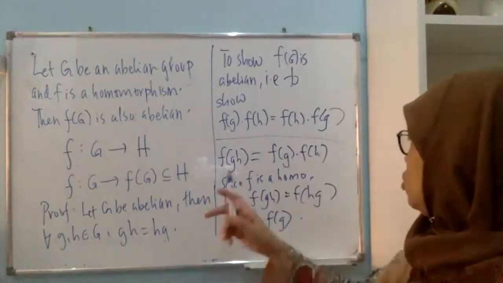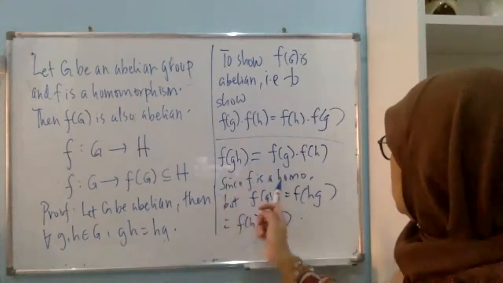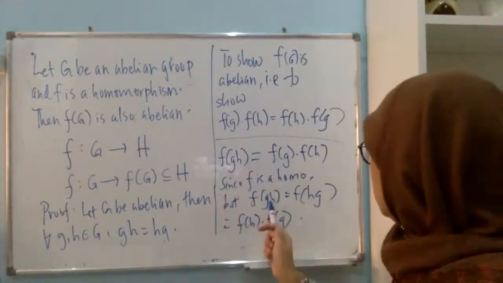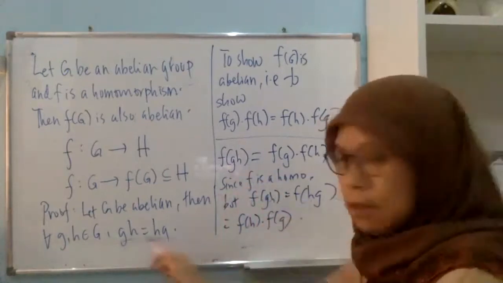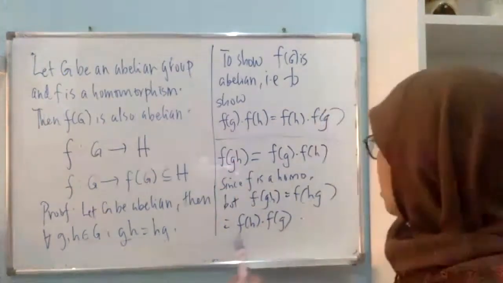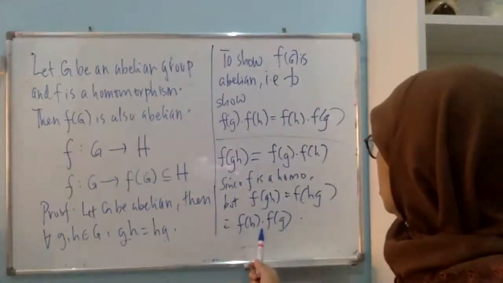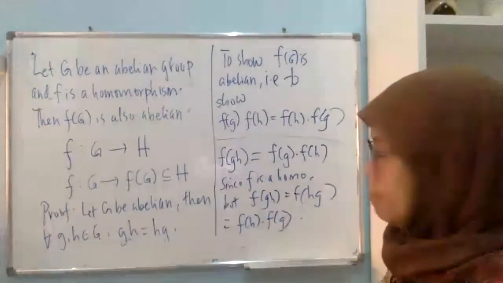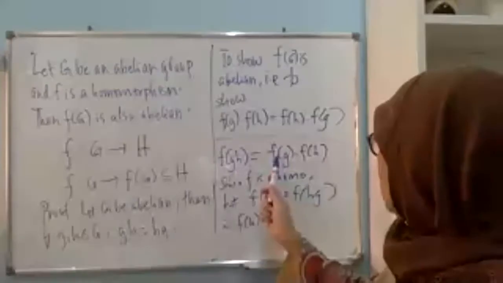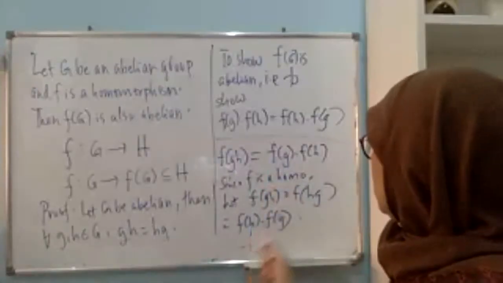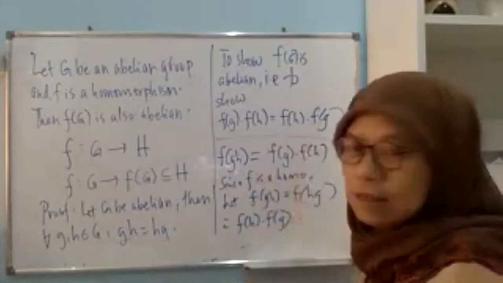Okay, so this is equal because it's a homomorphism. This is equal because abelian. From here to here is a homomorphism. So you can see that this is equal to this, which is this.